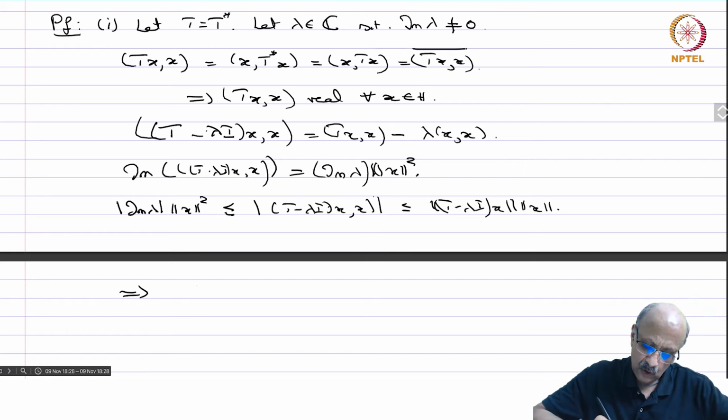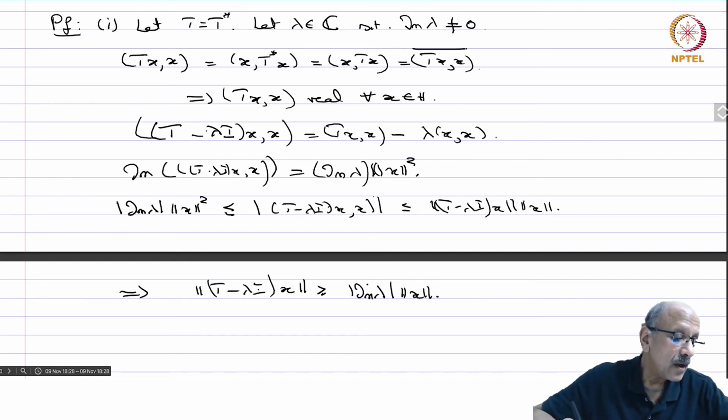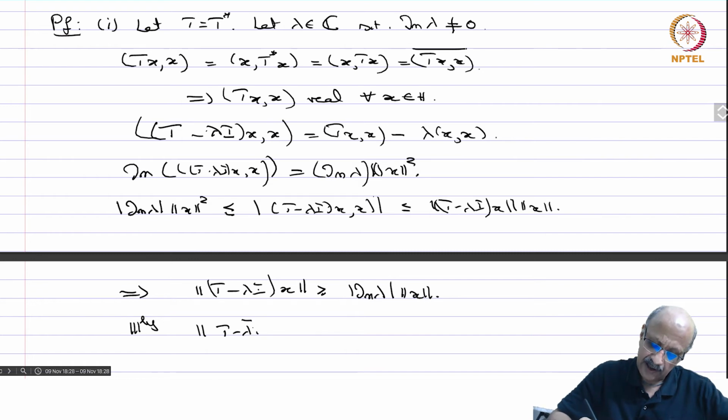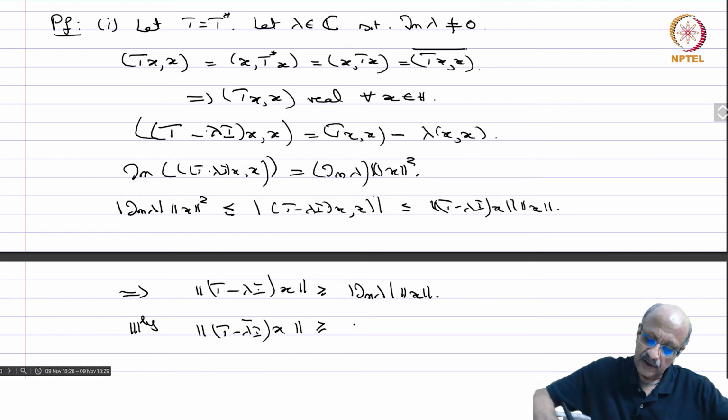Therefore, norm of (T − λI)x is greater than or equal to mod imaginary part of lambda times norm x. Okay. Similarly, we have norm of (T − λ̄I)x is also greater than or equal to mod of imaginary part of lambda times norm x.